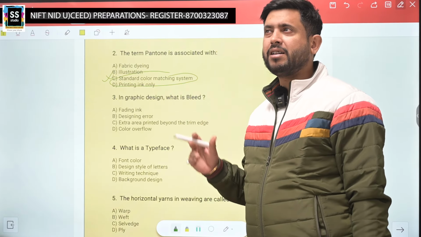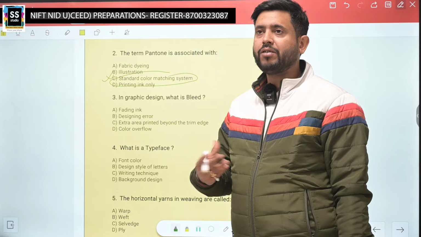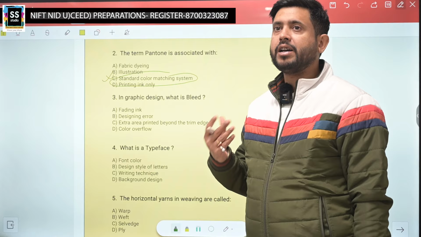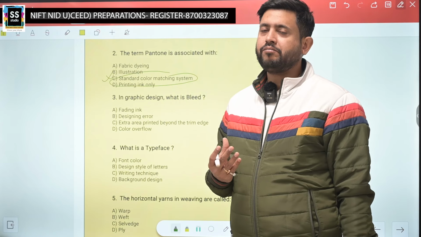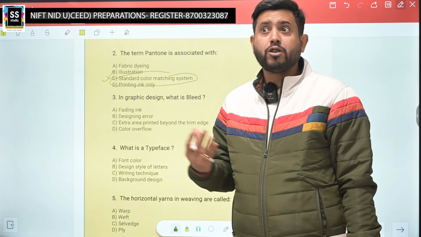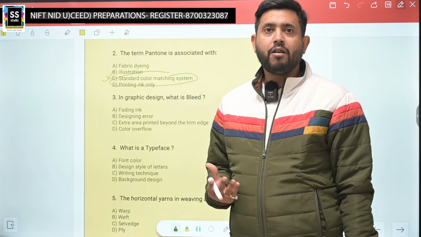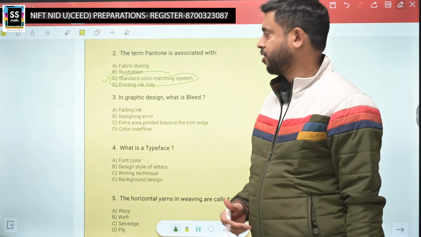One is Pantone and the other one is WGSN, which decides the color of the upcoming year, how the fashion industry will change or how the graphic industry will change, and the young generation or the millennials will be inclined towards what sort of colors. Would it be soothing? Would it be too much of bright colors? So they decide the color and then that gets published.